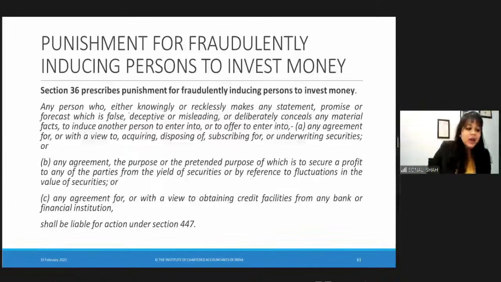So wherever a person makes statements with an objective to induce a person to invest money or to get some benefits or credit facilities, he will be liable for fraud.